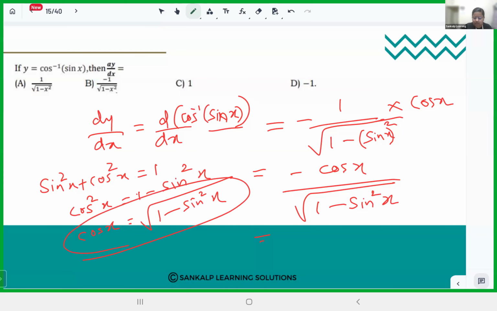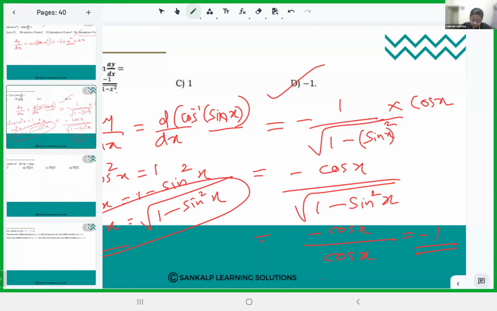Denominator here is nothing but cos x itself. So it is minus cos x divided by cos x, right? So what is the value here? Cos x and cos x get cancelled, right? So what is remaining? It's minus 1. So the answer is minus 1, that is D. D is the answer. All right.